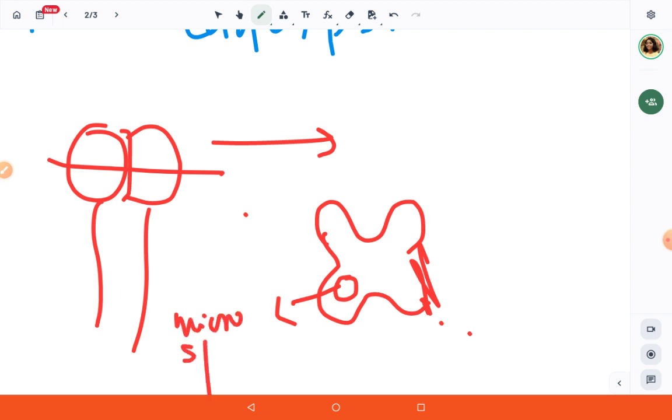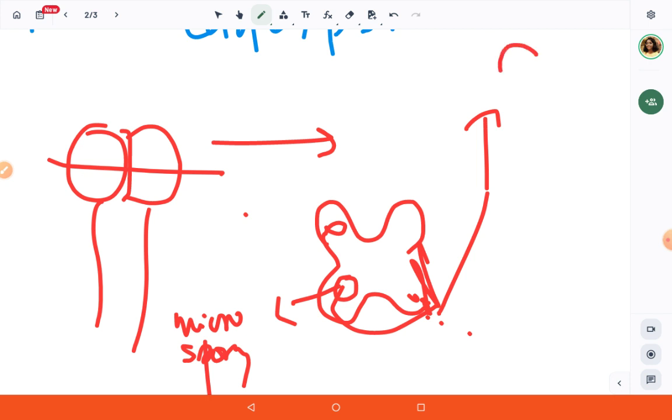In each lobule, microsporangia is present. Now inside the microsporangia, we also call it pollen grain. Now this pollen grain consists of 2 male gametes. 2 male gametes are there.